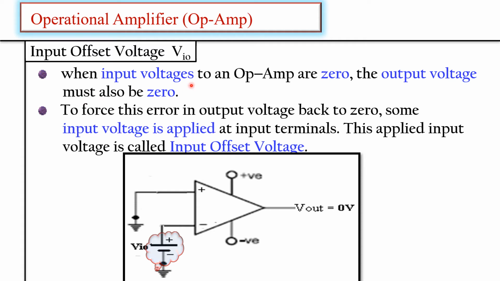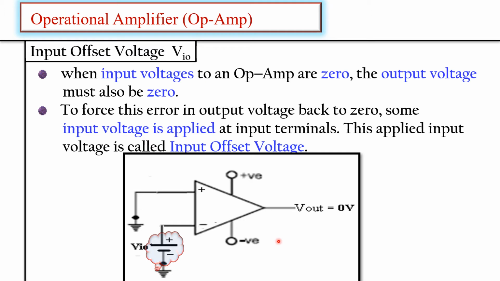Now to understand this input offset voltage, let us assume that both the input terminals of this op-amp are grounded to zero potential. So both inverting and non-inverting terminals are grounded to zero. If we consider this op-amp to be ideal, the output of the op-amp should be equal to 0 volt.